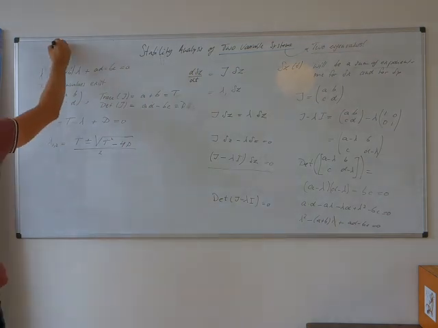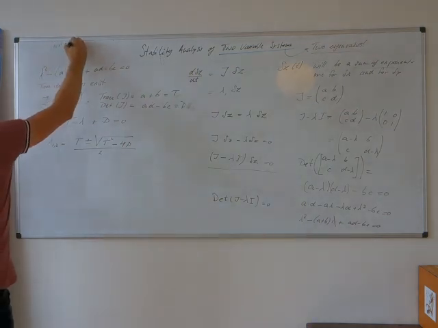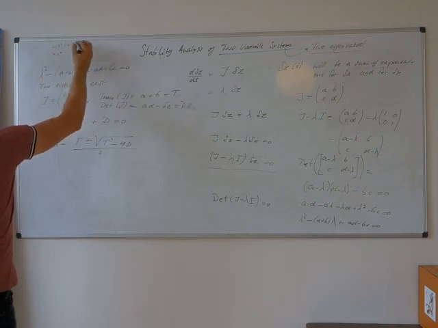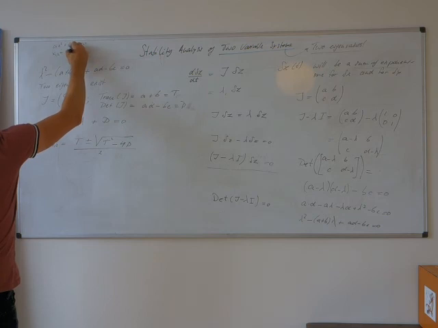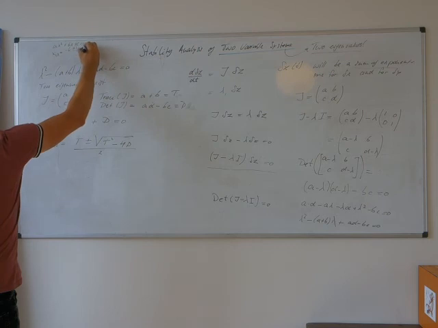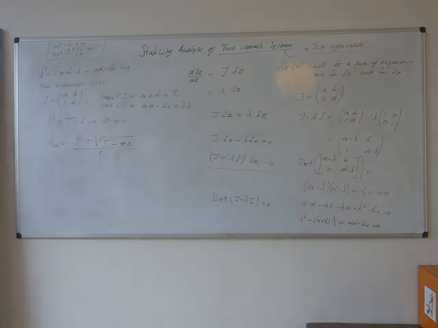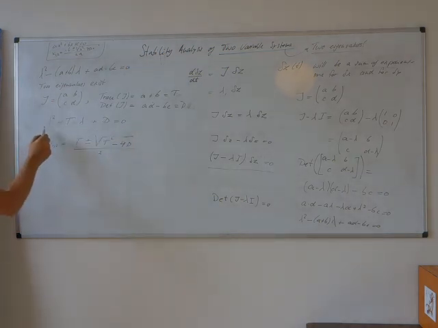Because you may remember that the general solution to a quadratic equation with coefficients a, b and c is minus b plus minus the square root of b squared minus 4ac, divided by 2a, right? So that is the general solution to a quadratic equation. And here we have a quadratic equation that lacks one coefficient. And b is negative. Okay?